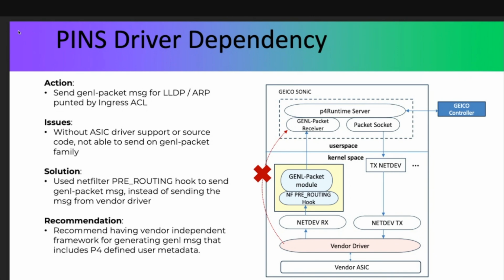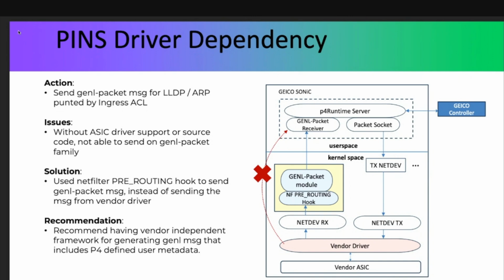What we ended up doing is hooking into the NetFilter pre-routing hook, creating a small module, generating the necessary packet-in message, and sending it up to the packet receiver in the P4 runtime server. In general, as there are still vendors that haven't opened up the source code, we would recommend having a framework that is vendor independent, something like hooking into NetFilter.